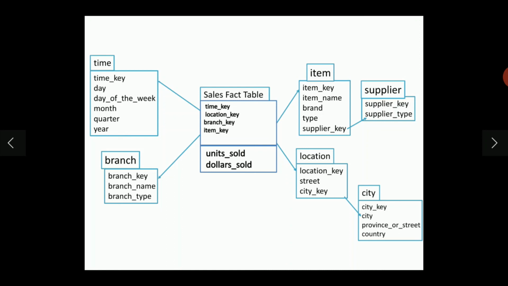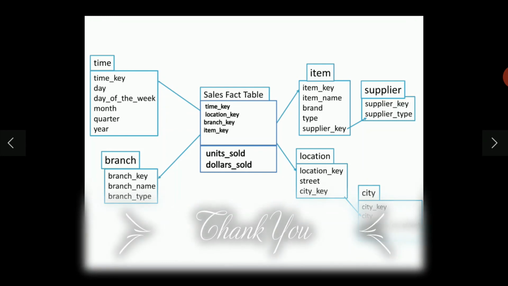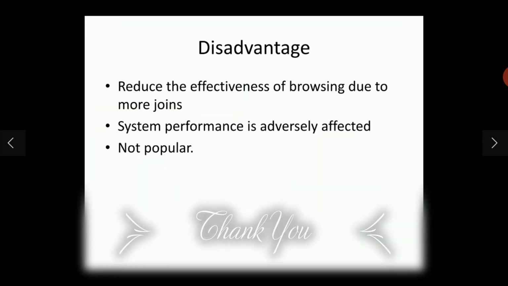So it also degrades the query performance. It reduces the effectiveness of browsing due to more joins. System performance is adversely affected, and hence it is not a popular design or schema of the data warehouse design. So these are the disadvantages of the Snowflake schema.